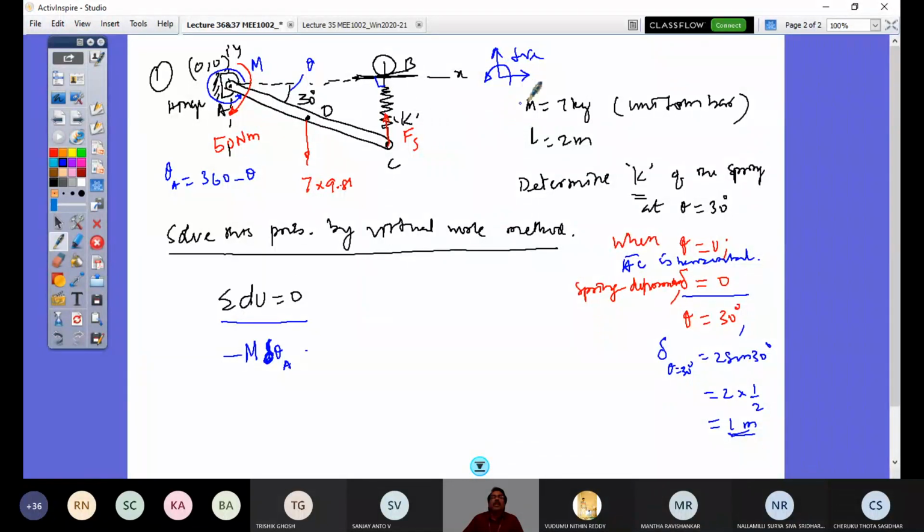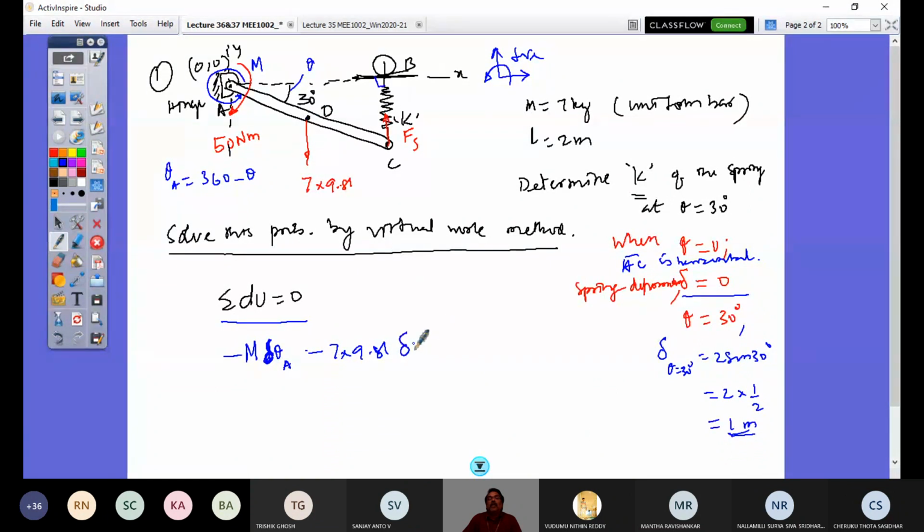Since the weight is acting down, it is minus 7 into 9.81, and the virtual displacement for point D, since it is acting vertically, is the change in position of D in the vertical direction. So I write it as delta YD.